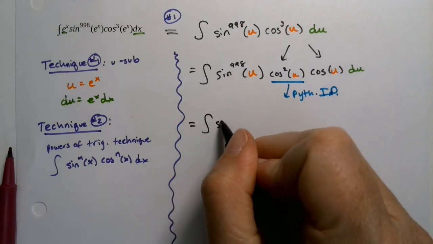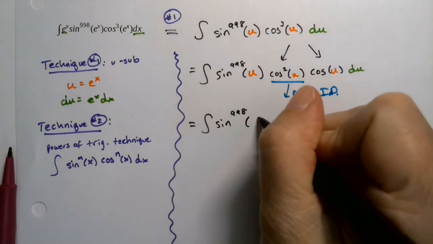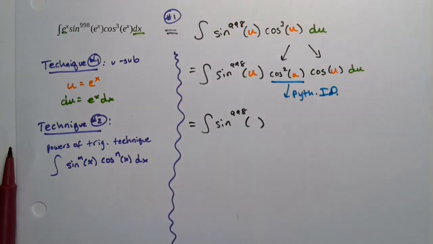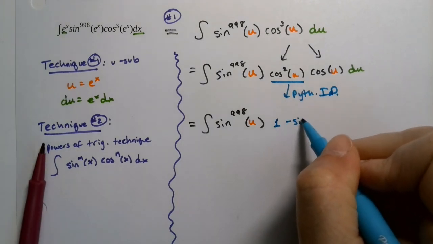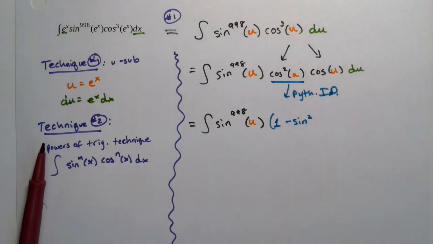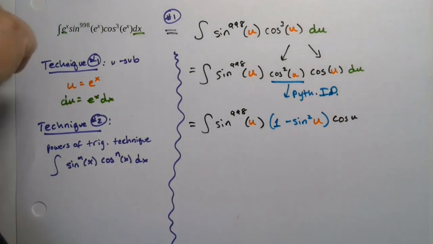So this is the integral of sine to the 998 of u times, and then cosine squared is 1 minus sine squared, and then I have a cosine of u left over, du.